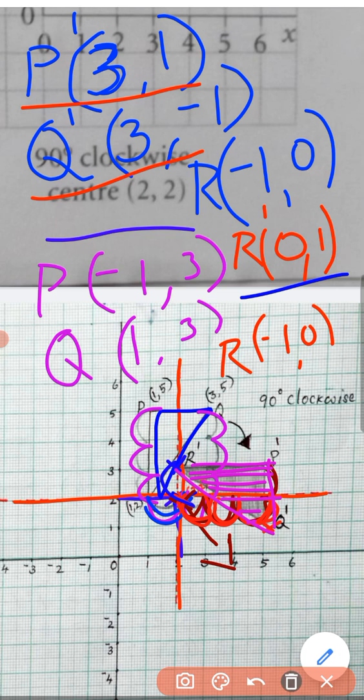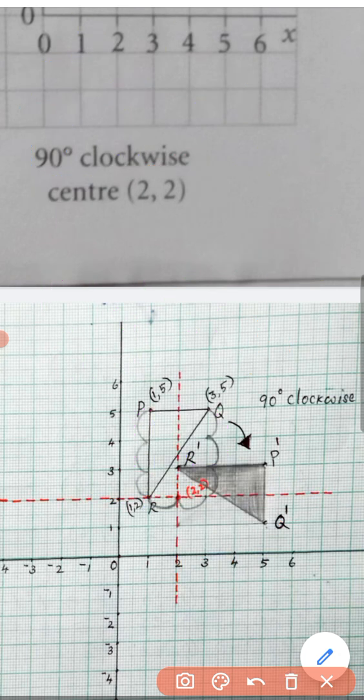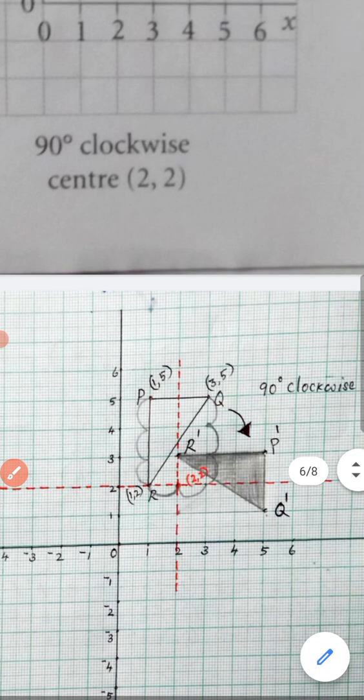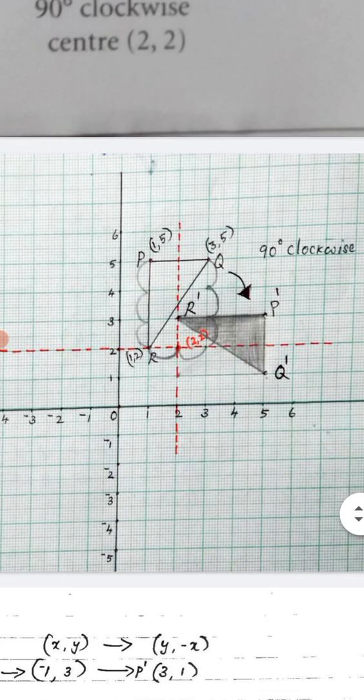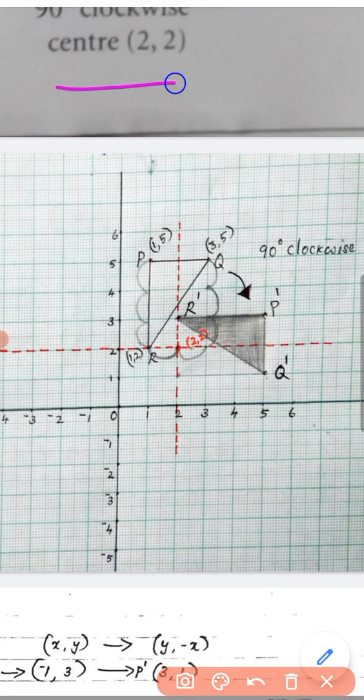Okay. Let me explain this once again, children. First, we have to find the center of rotation. Here the center of rotation is given as 2, 2. This is the center of rotation. Now, children, we have to plot this.